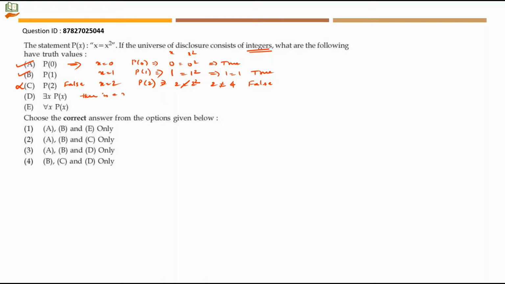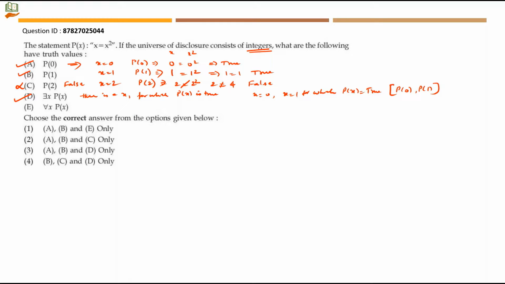There is an x for which P of x is true. This is the English statement for this. Of course, we have x is equal to 0, then x is equal to 1, for which P of x is true. This says that P of 0 is true and P of 1 is true. Is D right? Yes, it is perfectly right.